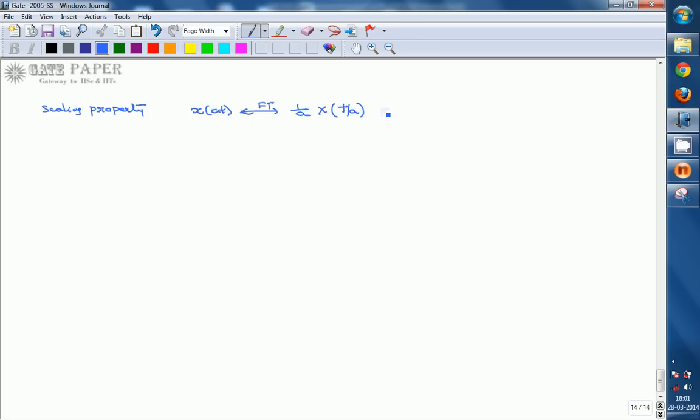Considering a equals 1 by 3, we get x of t by 3, and applying the Fourier transform, we will get 3 into X of 3f. That's what we need, X of 3f. So we will get 1 by 3 x of t by 3 with Fourier transform X of 3f. That's what we need now.